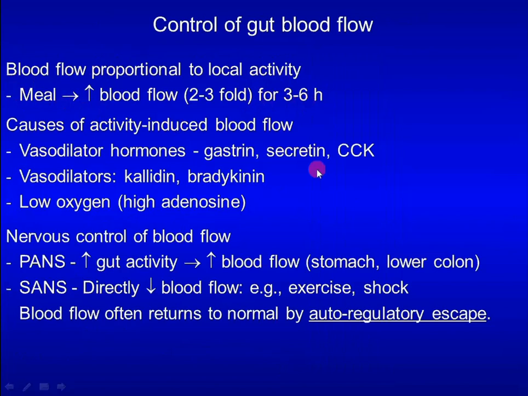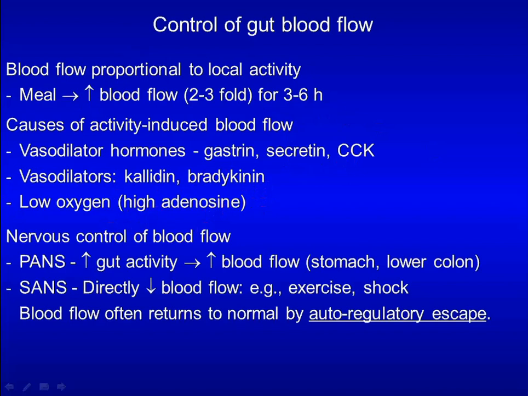Causes of activity-induced blood flow include hormones released during digestive processes that promote vasodilation, such as gastrin and CCK. Two kinins are released, kallidin and bradykinin. They are potent vasodilators. Low oxygen level or high adenosine level can increase intestinal blood flow 50 to 100%.